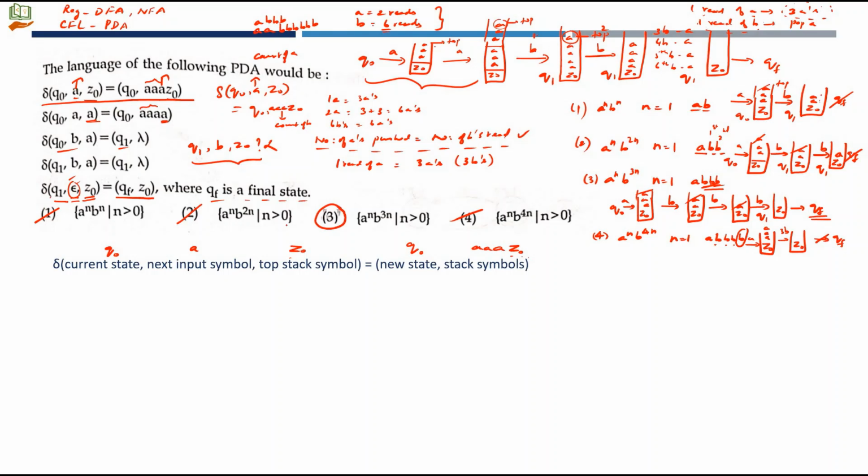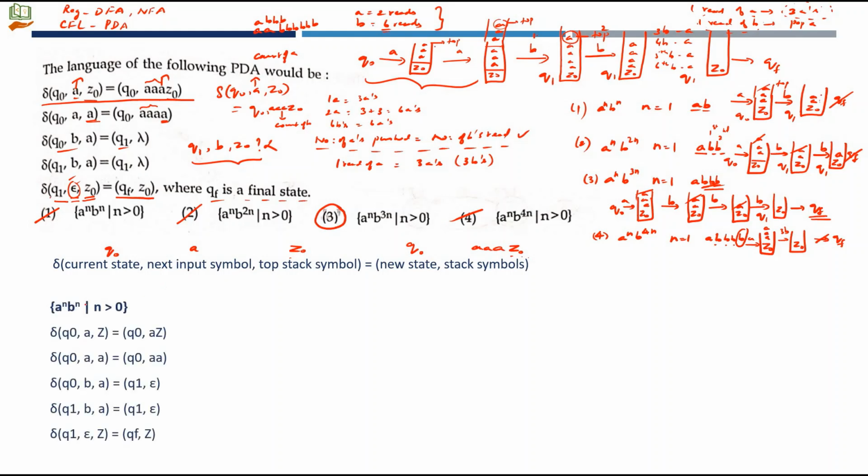Now we will see the transitions for all the other 3 options. Let's take A power n and B power n. When we are in Q0 state with input A, we are inserting only 1 A along with the top stack symbol Z. So this is the top symbol. So we are inserting only 1 A. Again in the second transition, when A is going to be the top element, so already we have A here.